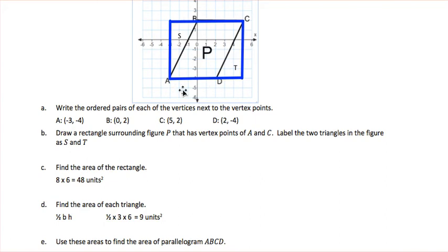Well, we have a rectangle, and then we have these two triangles. So if we subtract the two triangles from the rectangle, we can find the area of this parallelogram. So that would be 48 minus 2 times 9, which is 18, because we have two triangles. And the area would be 30 square units.